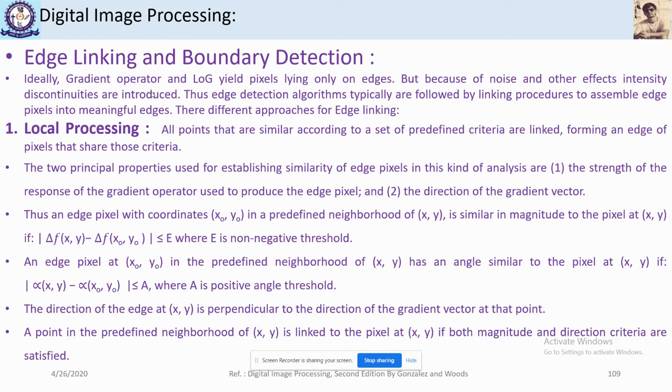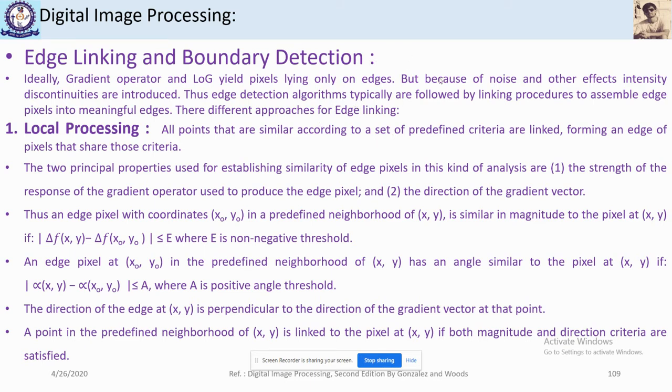Ideally, gradient operators and LOG, that is Laplacian of Gaussian, yield pixels lying only on edges. But because of noise and other effects, intensity discontinuities are introduced. So ideally, what should happen? Gradient operators and Laplacian of Gaussian should give us only the pixels which represent edges.